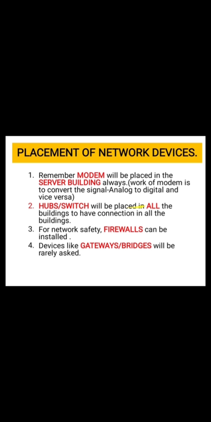Hub and switch can be placed in all the buildings because they are used to join your network. For network safety, we can use firewalls. Devices like gateways and bridges will be rarely asked. But you should know that if they ask how to connect two dissimilar networks, then you have to write gateway.